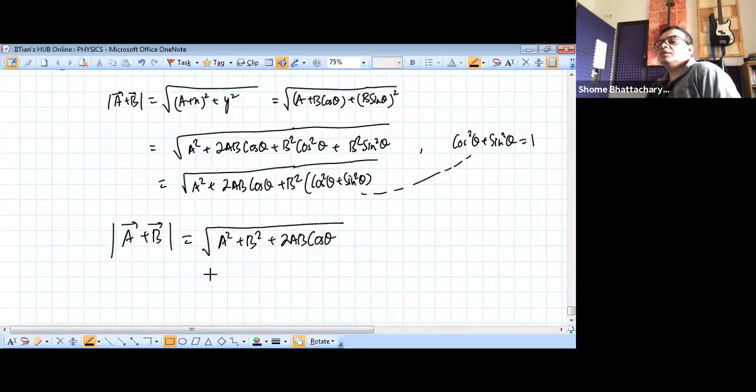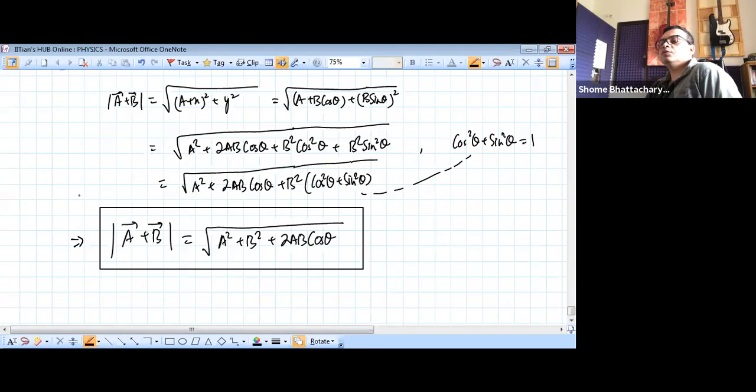So this is something that we can now directly use whenever we have a numerical problem in which the magnitudes of both vectors are given and we have to find the resultant's magnitude, and of course the angle theta has to be known.